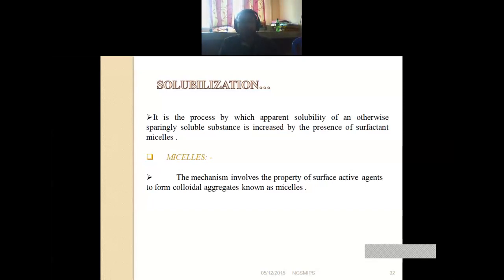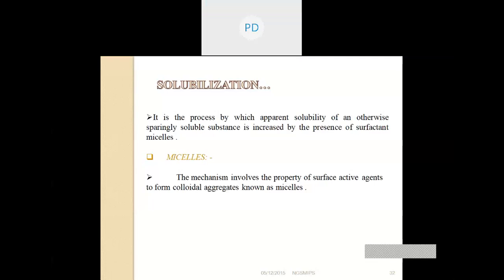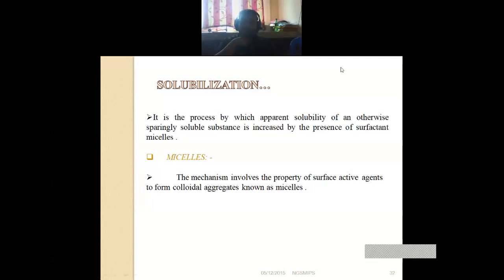Have you seen the properties of soap? How does it work?